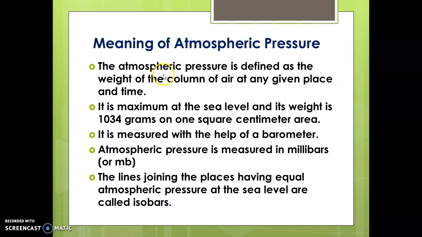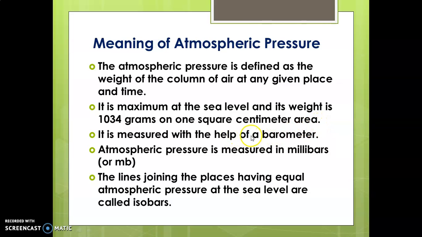The pressure of air exerted on the earth due to gravity is called atmospheric pressure or air pressure. Atmospheric pressure is maximum at sea level. Its weight is 1034 grams on 1 square centimeter area.